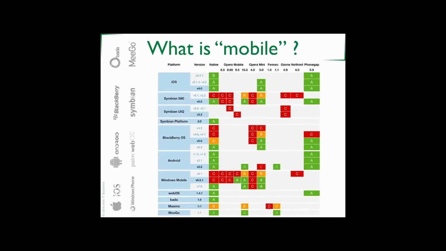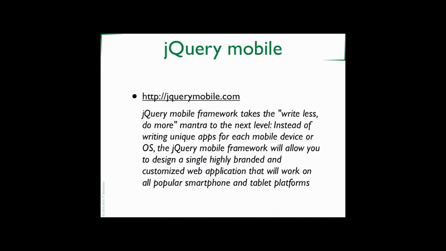Okay, jQuery Mobile is still in development, and what they try to do is take all the mobile stuff off your mind. All you need to do is write plain HTML, or in our case, plain Apex, and jQuery Mobile takes responsibility for all the mobile stuff.